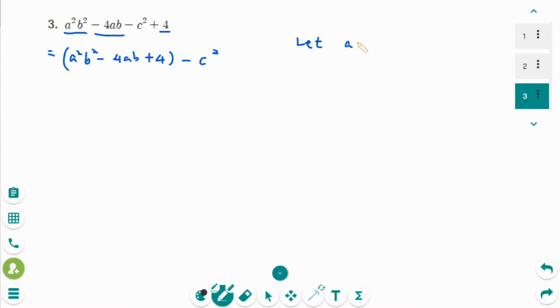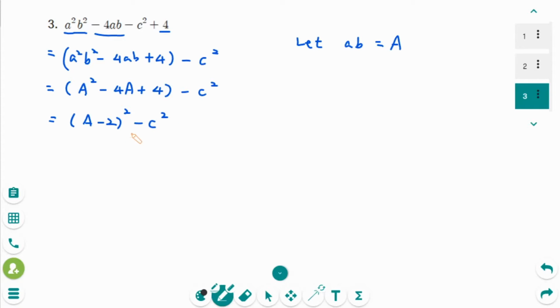Let ab be large A. So that one is A squared minus 4A plus 4 minus c squared. Then we can factor. Inside the bracket is A minus 2 squared minus c squared.